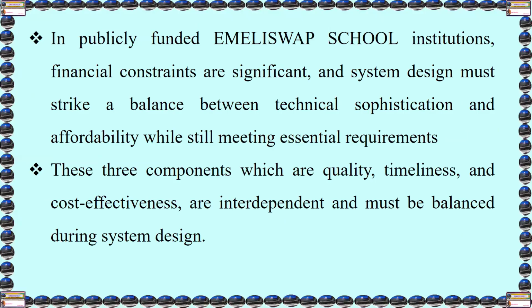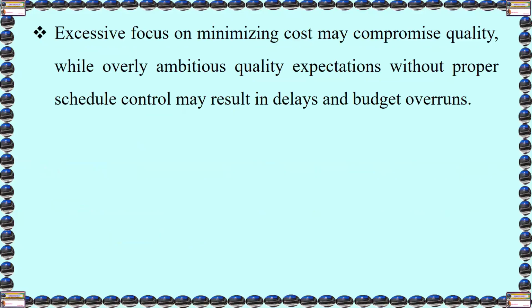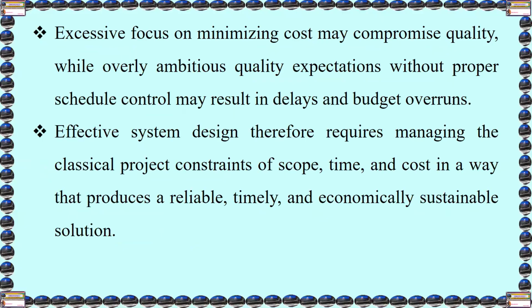These three components, which are quality, timeliness, and cost effectiveness, are interdependent and must be balanced during system design. Excessive focus on minimizing cost may compromise quality, while overly ambitious quality expectations without proper schedule control may result in delays and budget overruns.